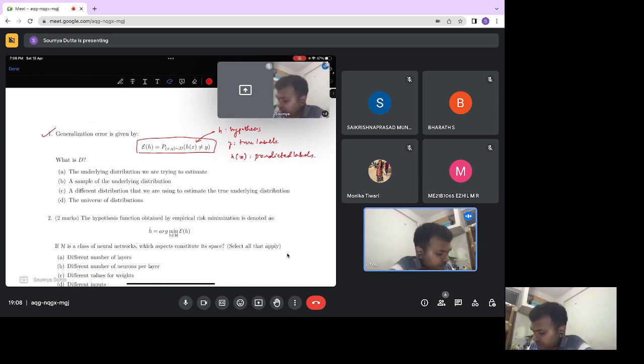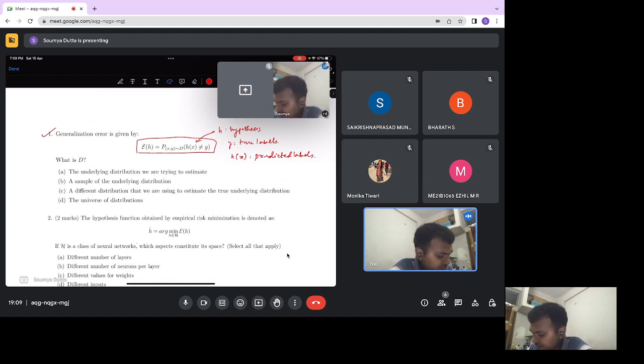In such a situation, the error for the particular hypothesis is the probability of H of x not being equal to y, where x and y come from a particular distribution. So the question is, what is the distribution from where you draw x and y?